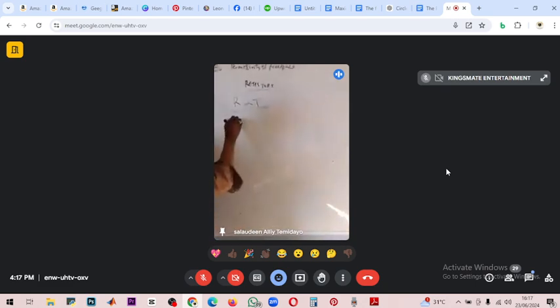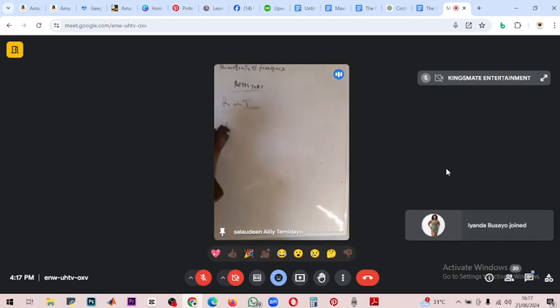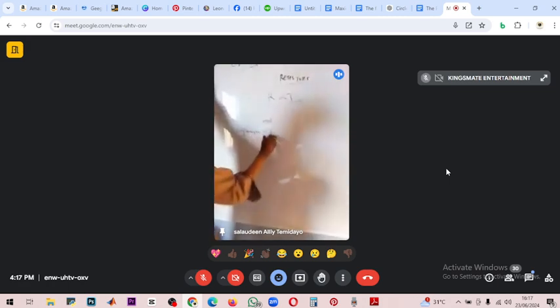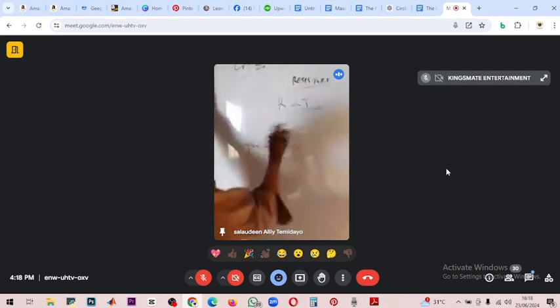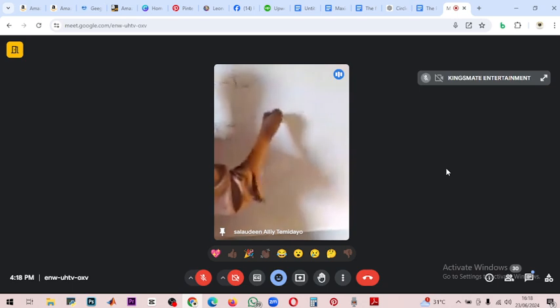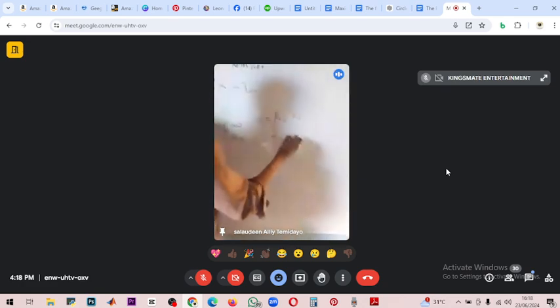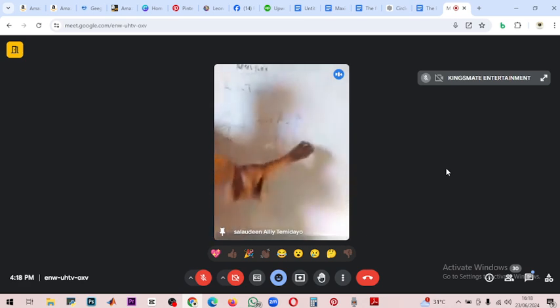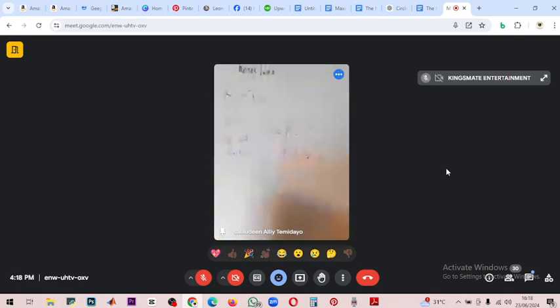We are saying that the temperature coefficient of resistivity is alpha equals R2 minus R1 all over R1 times theta 2, or T2 minus T1. So this is another important aspect of resistance.